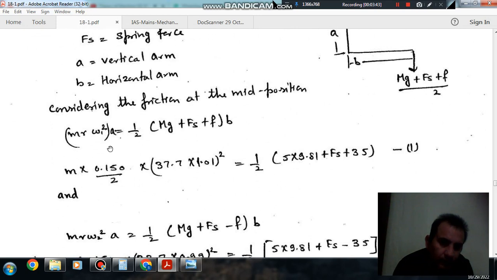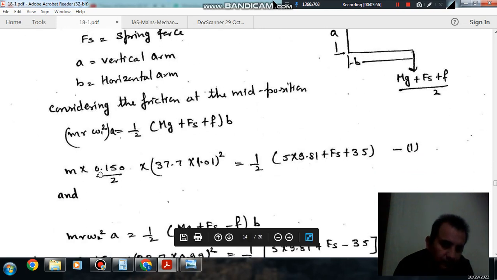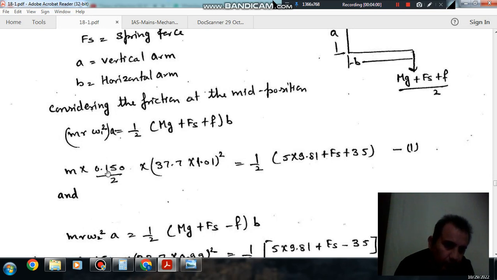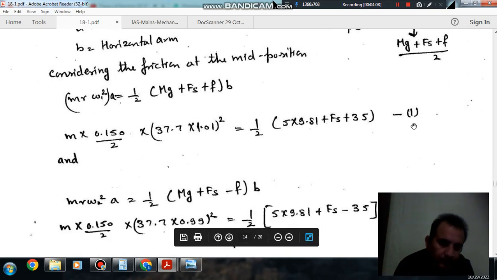Mg is 5 into 9.81, Fs is unknown, and force of friction F is given as 35. This is equation number 1, and the radius is 0.150 by 2, as the diameter is 0.15.